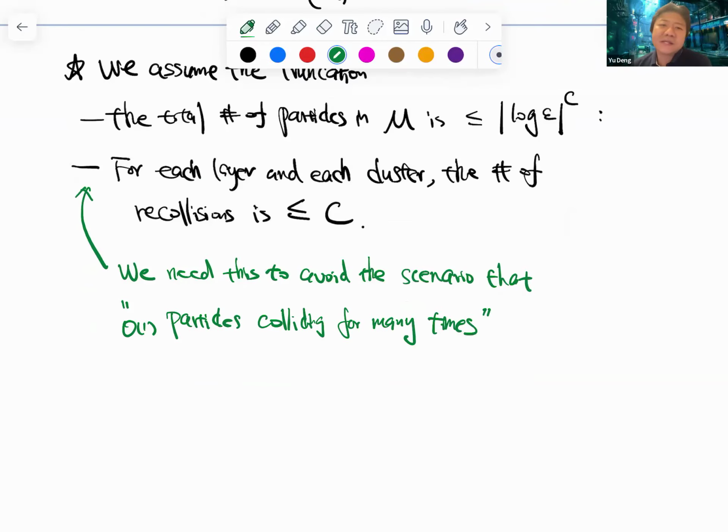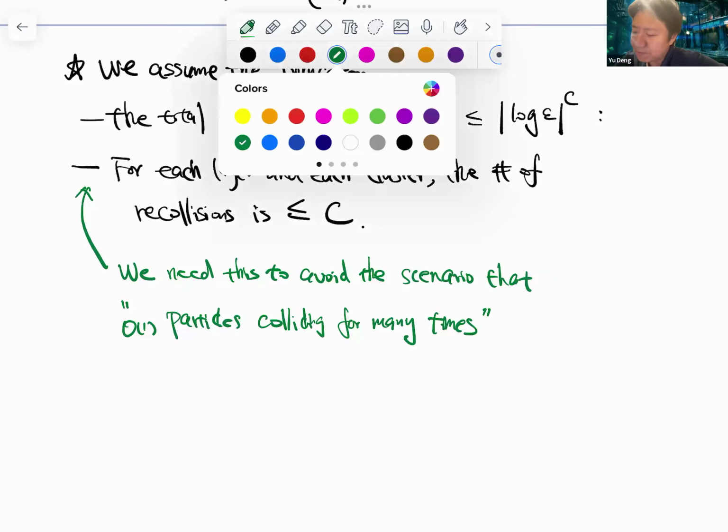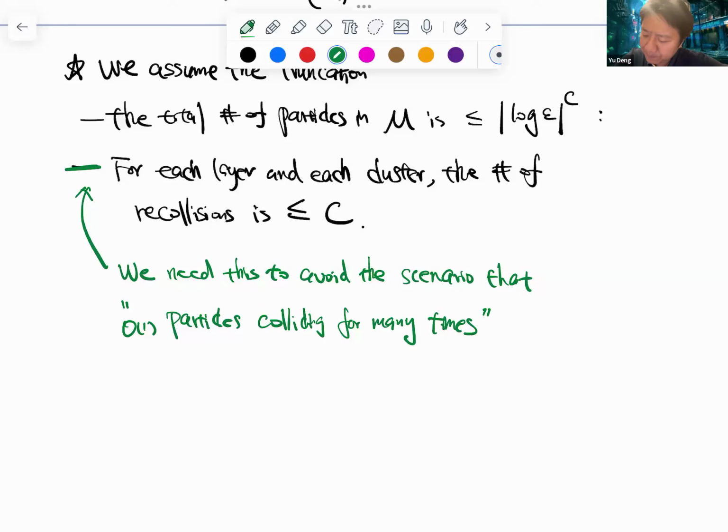In this scenario, it is known that we cannot gain enough power, as much as the number of recollisions. There are so many recollisions, but you cannot gain too many powers. So this is why we need to introduce this truncation.